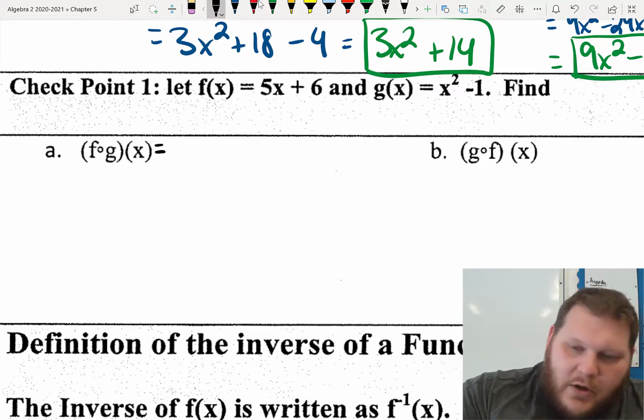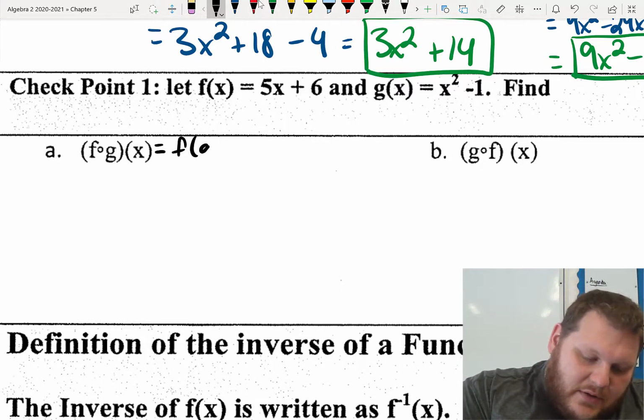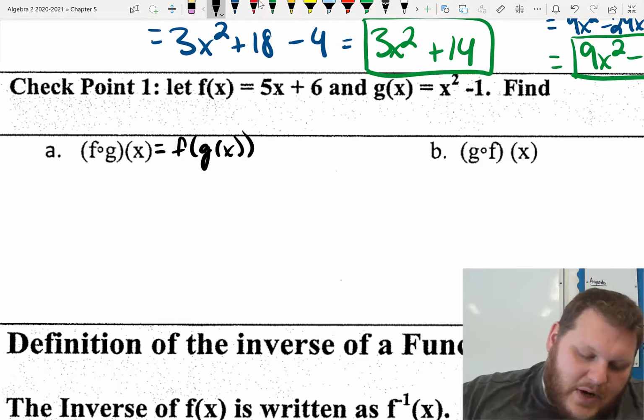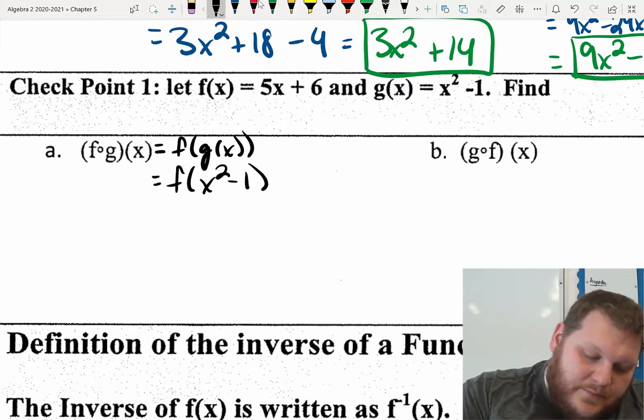I'm not going to color code it just because it's taking too much time for me to switch back and forth. F of g of x we know is this process. In this case, g of x is x squared minus 1, so f of x squared minus 1.